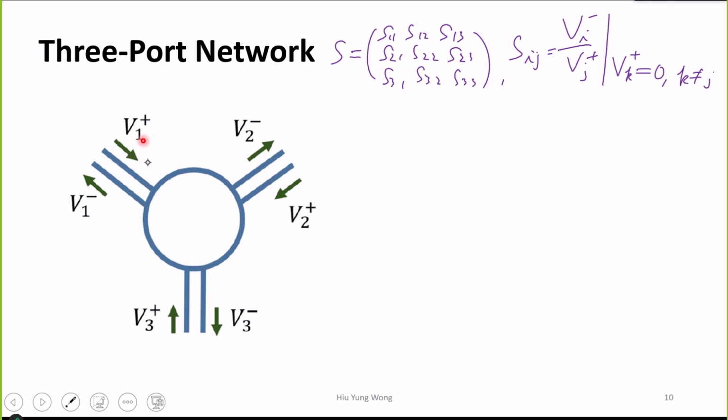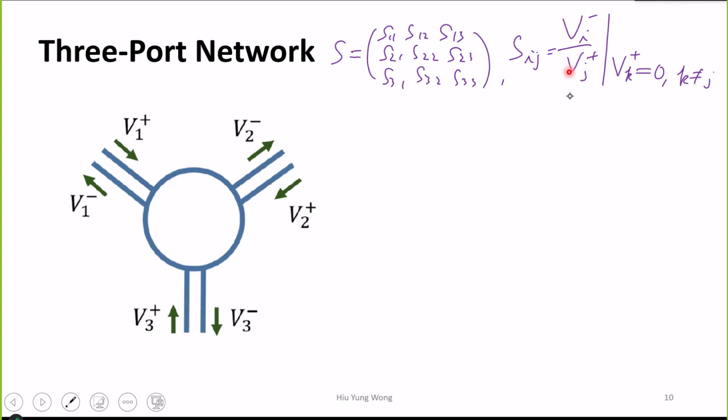Right, so that's what I'm saying. For every port, you have something come in, you have an input, you have output. Input, output, right? All the plus are the input, and all the minus are the output. So you see clearly, S21, for example, is talking about how much comes out from port 2 when I inject something in port 1.